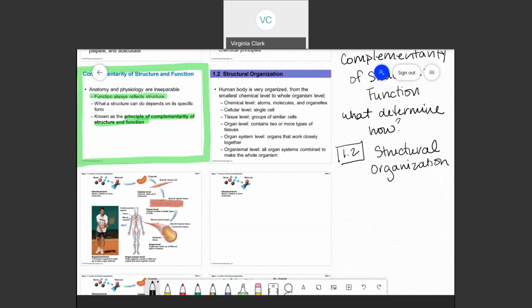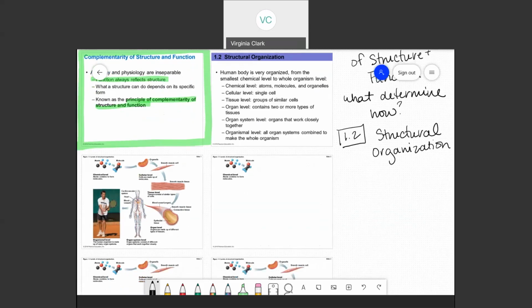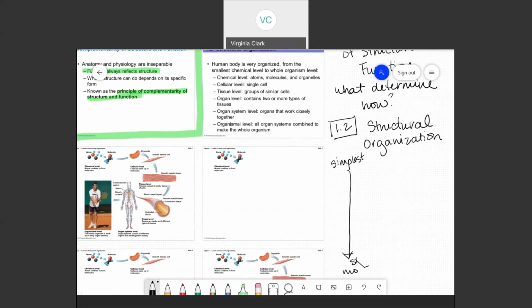Think about it from the human biology standpoint. With the structural organization, we are going to go from the simplest level to the most complex.